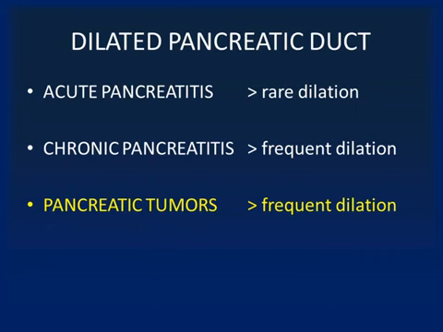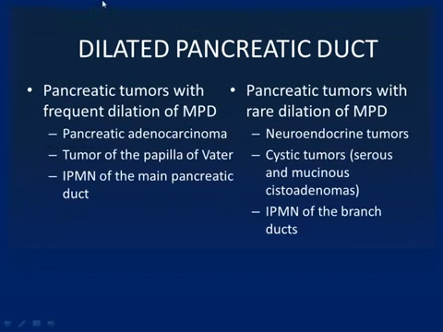Moving to pancreatic tumors, in these cases we see frequent dilation, but we can make a distinction between those tumors which are frequently associated with dilation of the main pancreatic duct, such as pancreatic adenocarcinoma, tumor of the papilla of Vater, IPMN of the main pancreatic duct, and those tumors which are rarely associated with dilation of the main pancreatic duct.